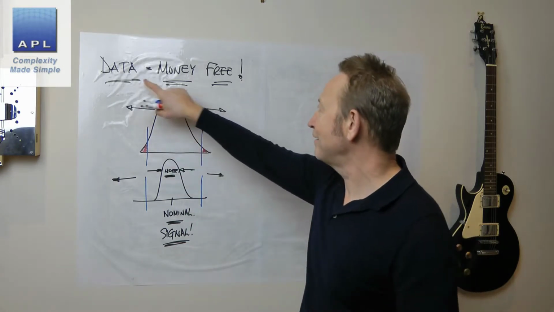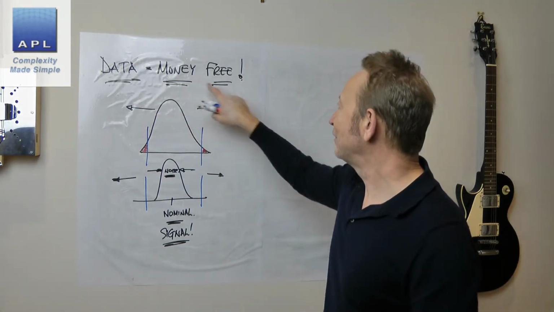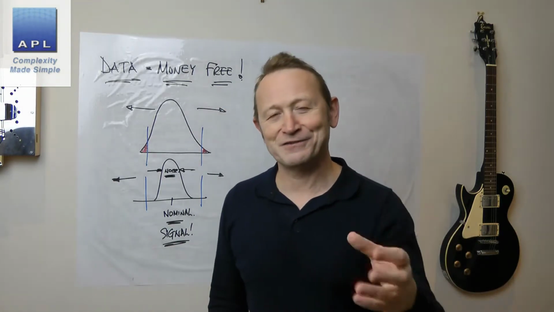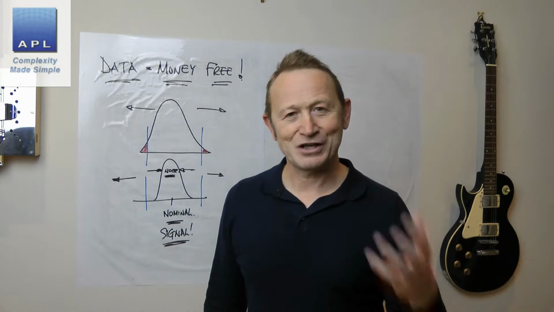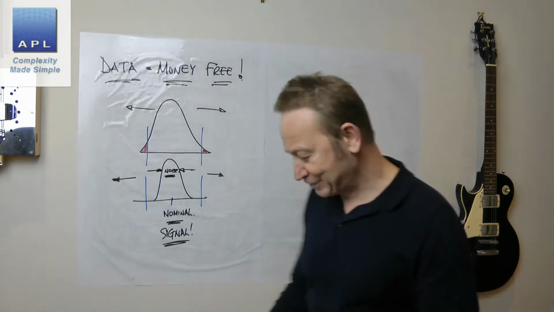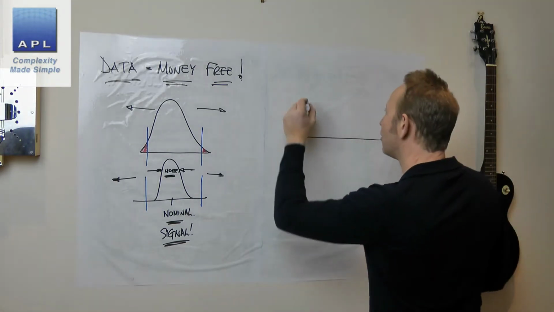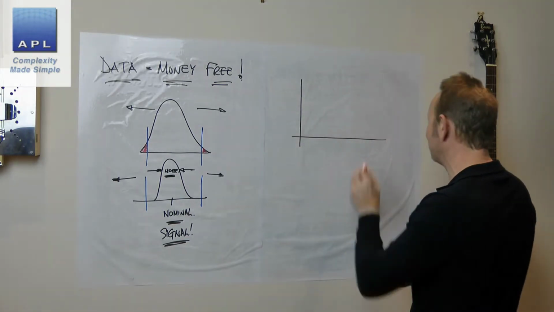Now this is where your data, well, put it the wrong way around, it should say free money. Your data is free money. So let's have a look why that is. Well, look, they're trying to judge. This is the hardest job in your company, by the way.